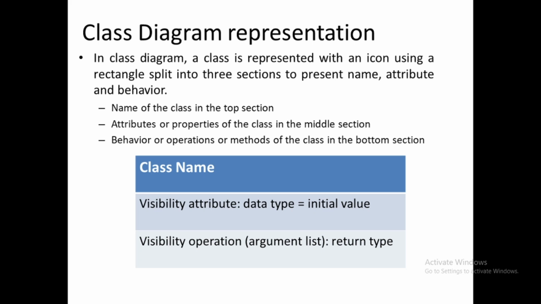Then in the middle section we can define attributes, and at last we can define methods. Here the representation is given: visibility attribute colon data type is equal to initial value. This is the syntax of attribute, remember. So this way we can define any attribute. Similarly method also. So let's see one by one.